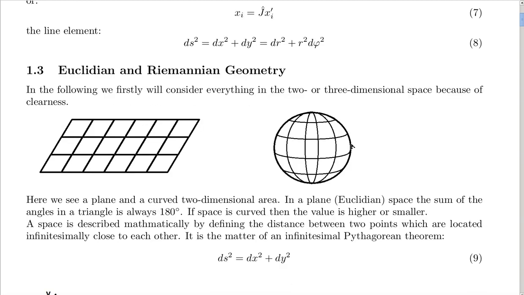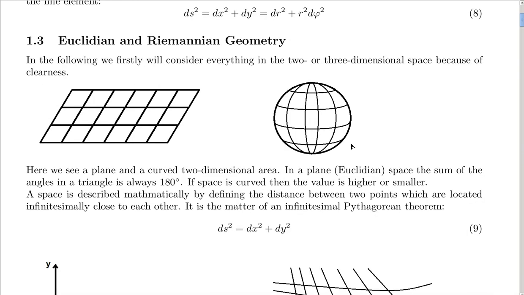The example of a coordinate transformation we have considered was an example in flat Euclidean space. But now we have to go over to curved so-called Riemannian spaces. So here we will consider only 2- and 3-dimensional spaces at the beginning to keep it very easy for the students.